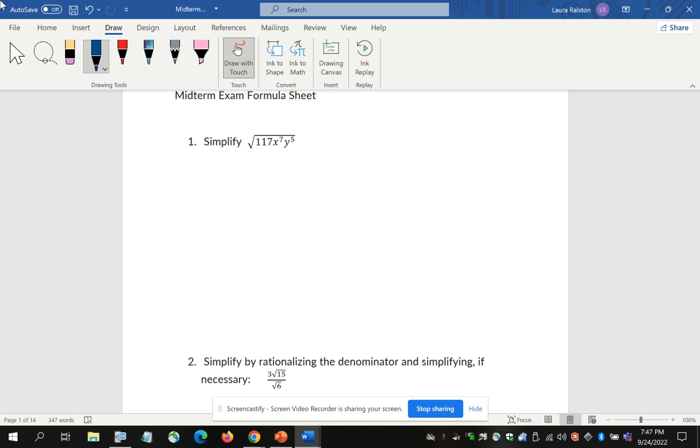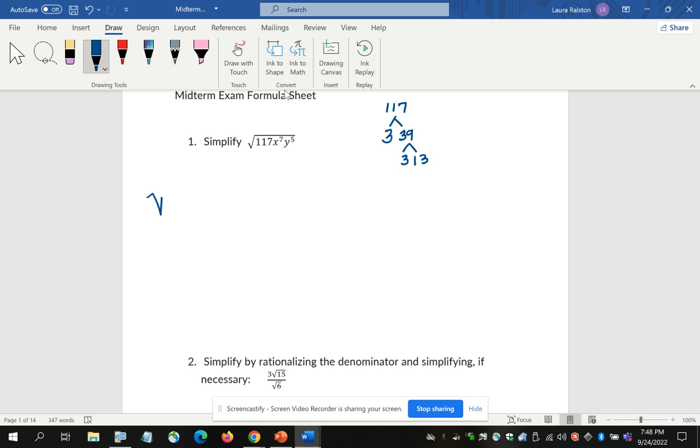So I'm going to start by breaking down 117. It's not even, so it doesn't divide by 2, but I believe it will divide by 3. 117 divided by 3 is 39. And 39 is 3 times 13.